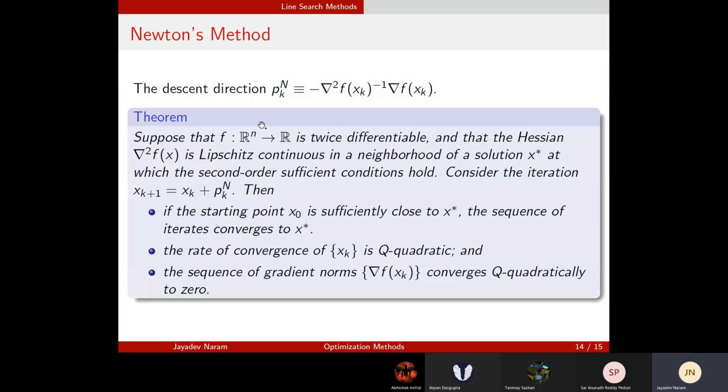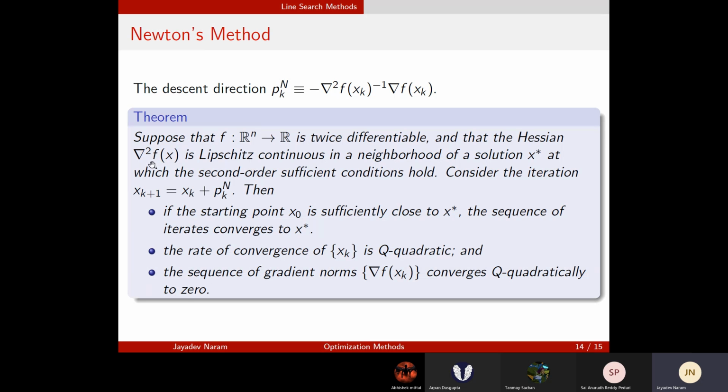That is Newton's method, and the convergence result says: if you have a twice differentiable function and the Hessian is Lipschitz continuous in a neighborhood of x star, where x star is a point where second order sufficient conditions hold, that is, x star is a strict local minimizer.